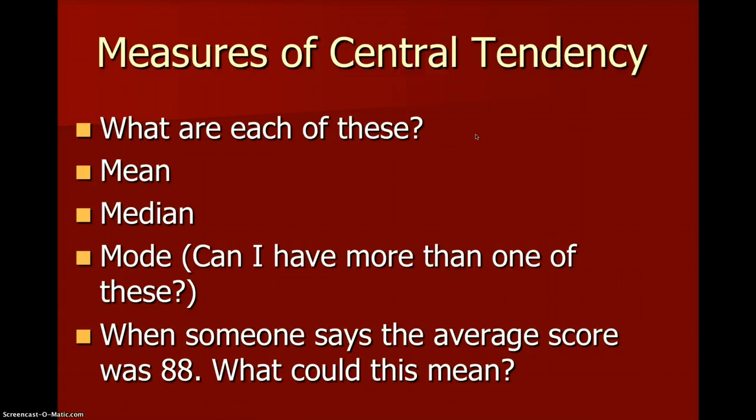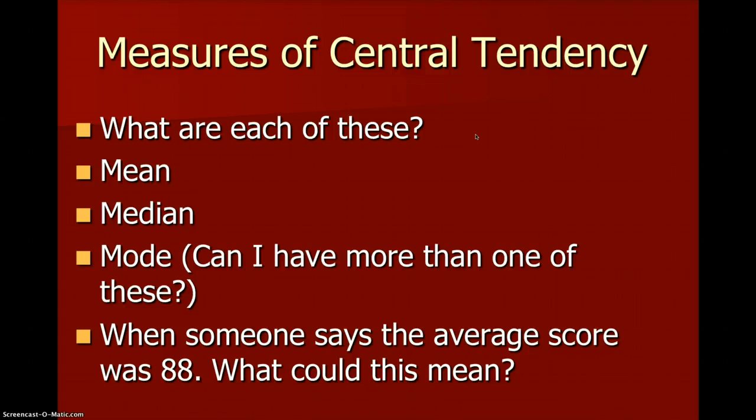Another type of measure of central tendency is something called the median. The median is the number that's in the middle. So if you rank all the numbers from top to bottom, it's the one that's in the middle. And finally, the mode is the one that occurs most frequently.